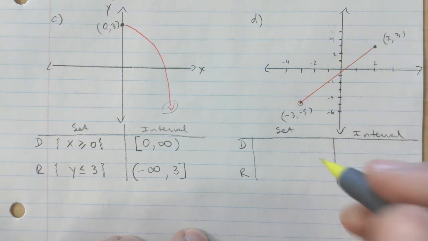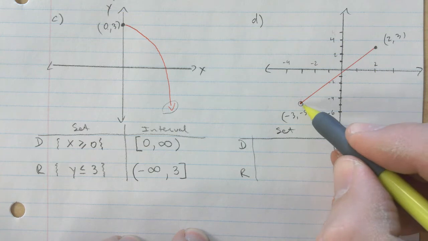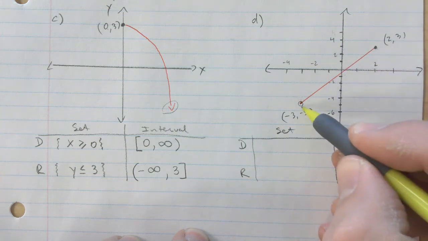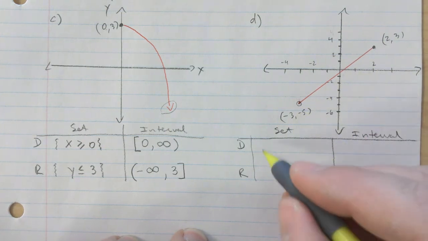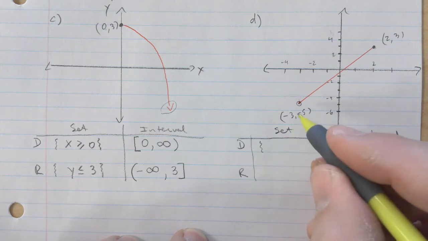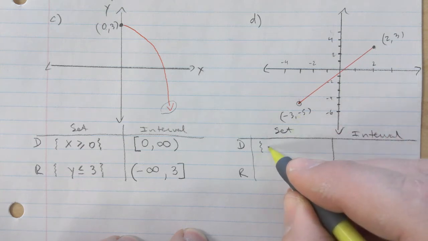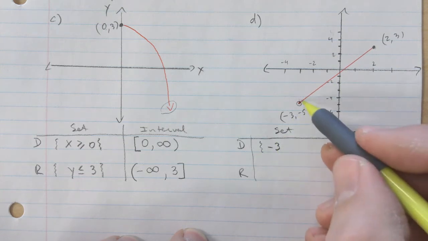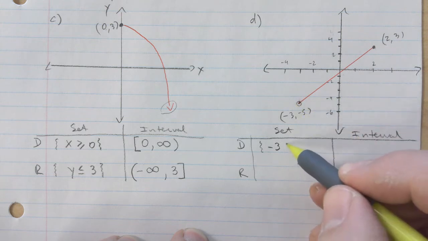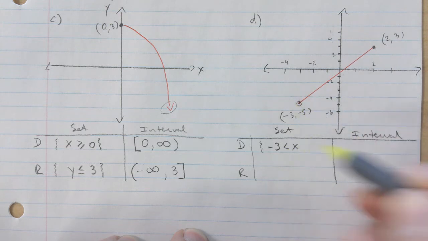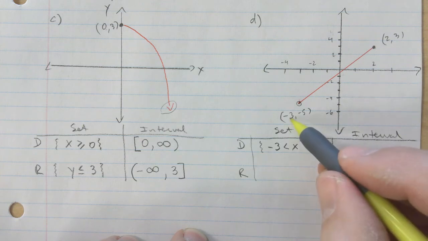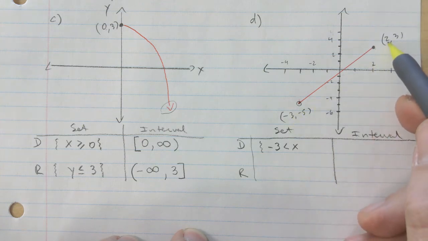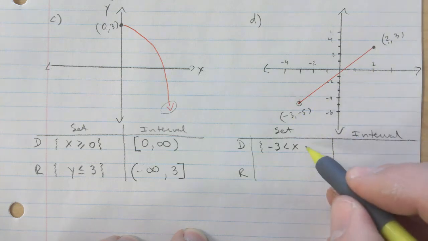Next one here. This technically is capped off, so this is a line segment, okay? So in terms of your x, you're going from negative 3, but it's not including negative 3, so it's just greater than, right? So negative 3 to positive 2.